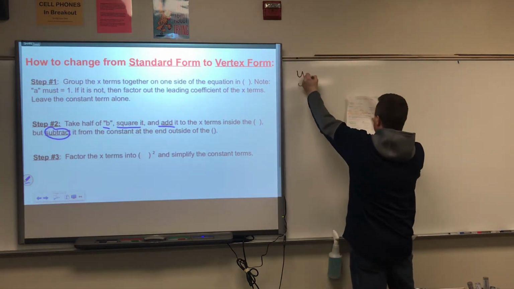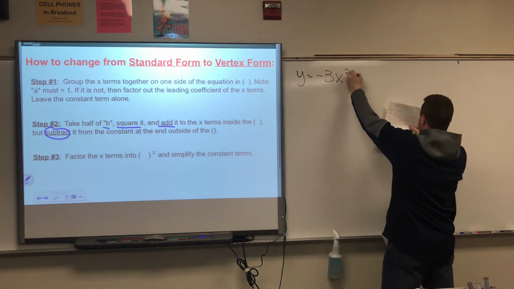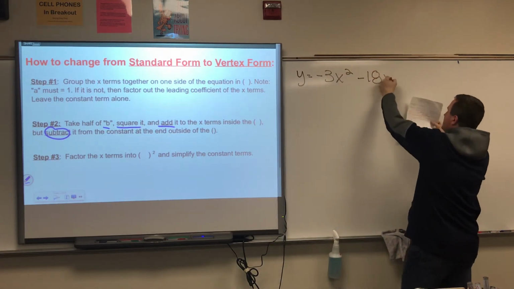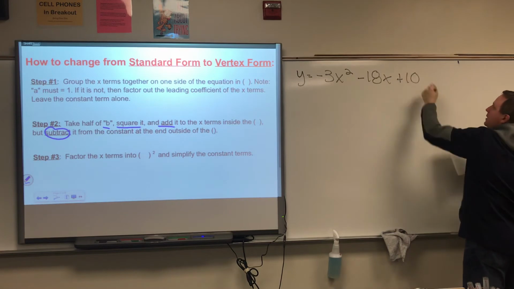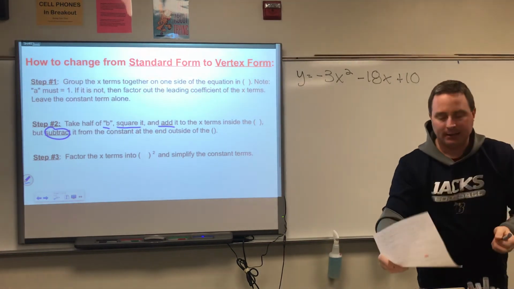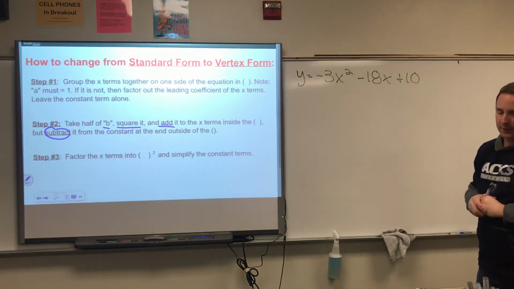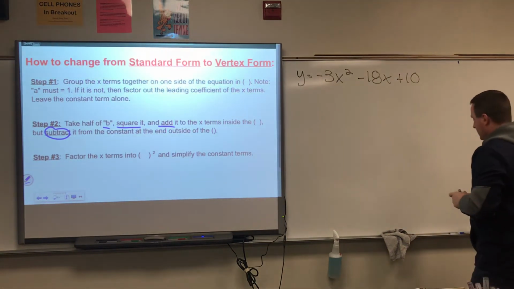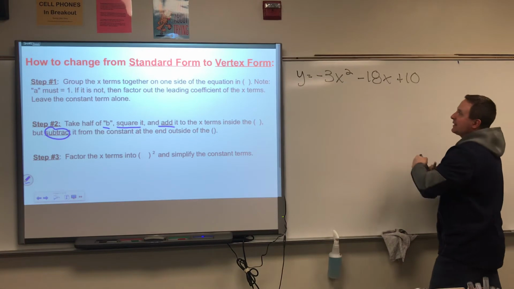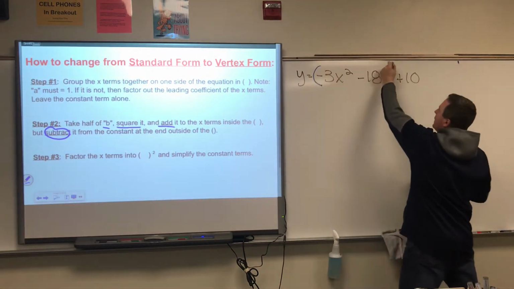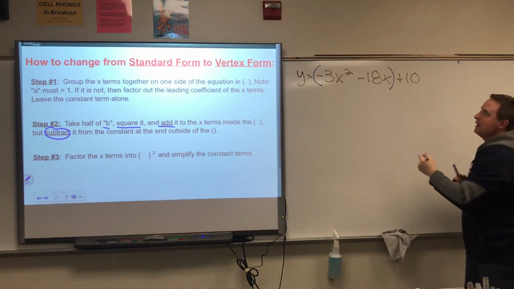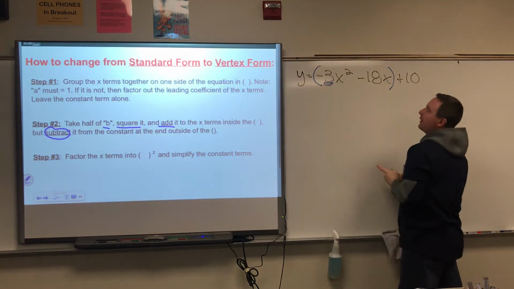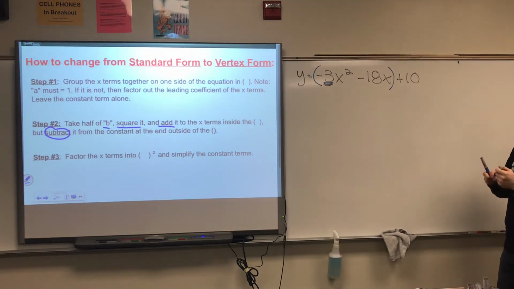If I have y equals negative 3x squared minus 18x plus 10, now I even have a negative number out in front. Well, let's do the same thing. Step 1 says I group my x's. There are my x terms. There's a coefficient in front of the x squared, and this time it's a negative 3.